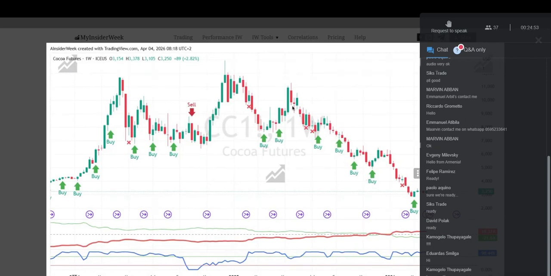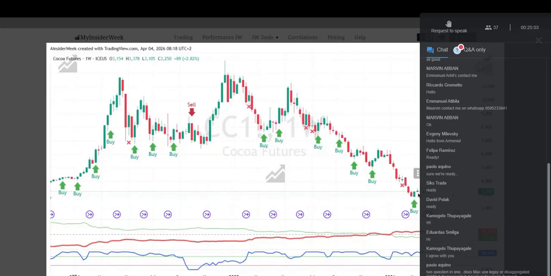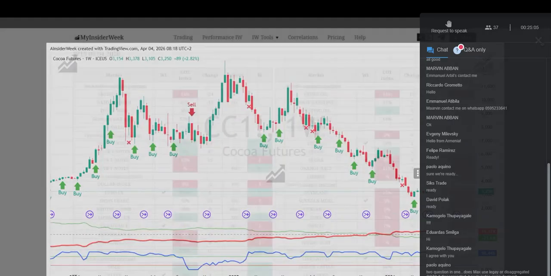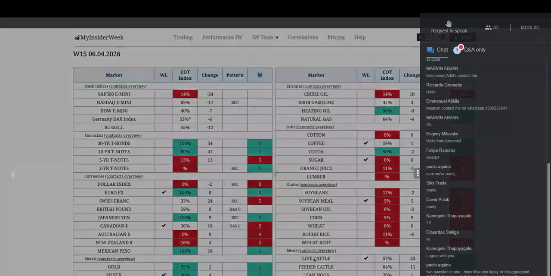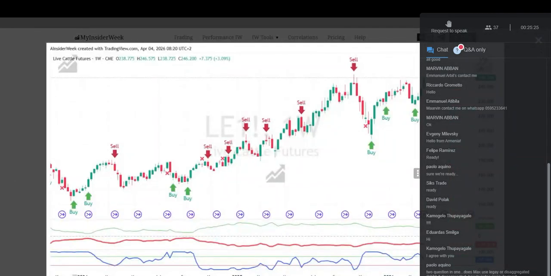So as you can see, the market is in a downward trend since 10 months. But we didn't get here a sell signal based on COT data. So therefore, we got here a strong trend, but we weren't able to trade this market because we didn't have COT sell signal. So this was 5 markets what I showed you with strong trends last year, and also the mid market was also not bad market last year in 2025.